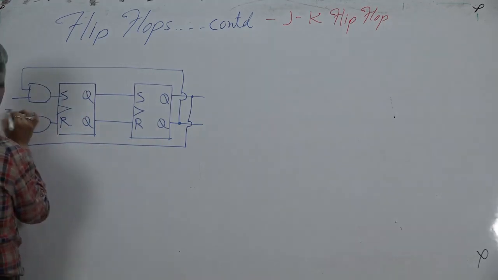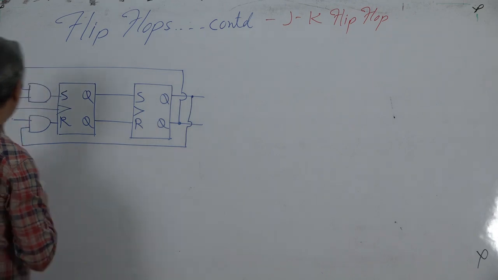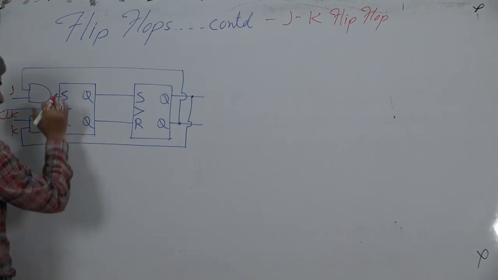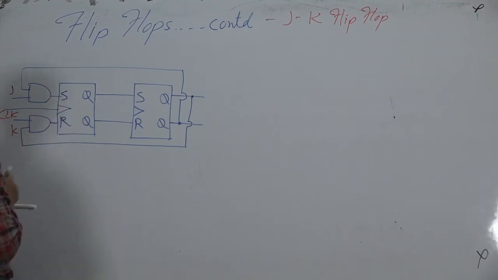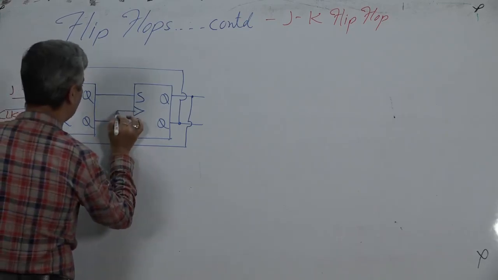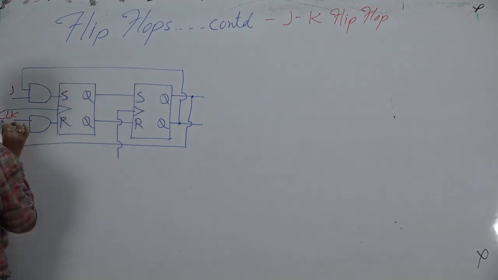And this is the clock input. So it has got three inputs, J, K and CLK. I hope this arrow means a clock circuit block inside, and the clock is also here, and it is connected in a very interesting manner.